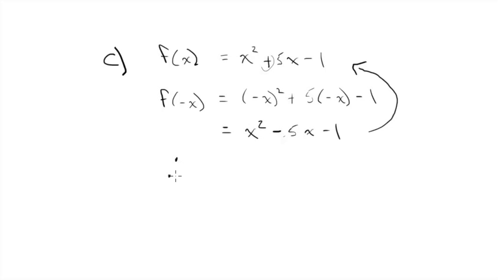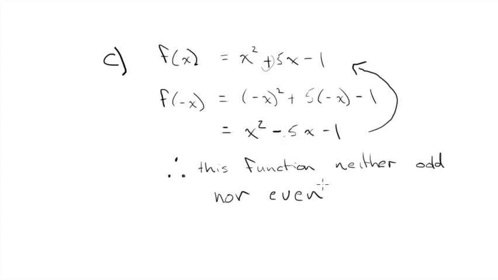So therefore, this function is neither odd nor even. So this one is not symmetric in any way, it doesn't have any of the types of symmetry that we're looking at.